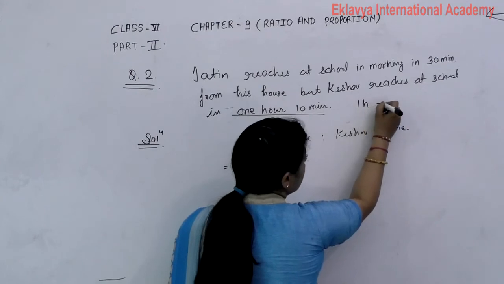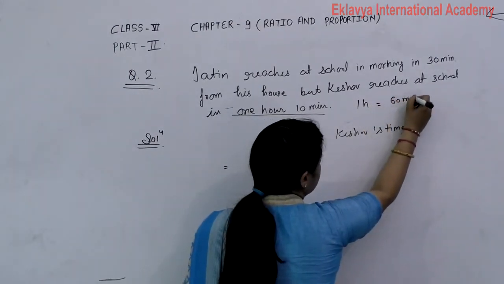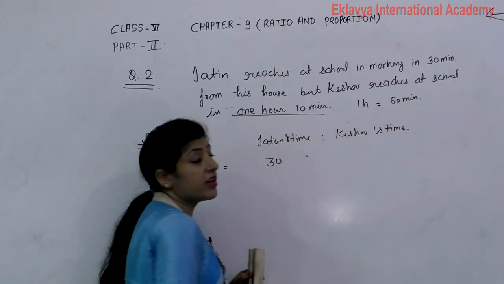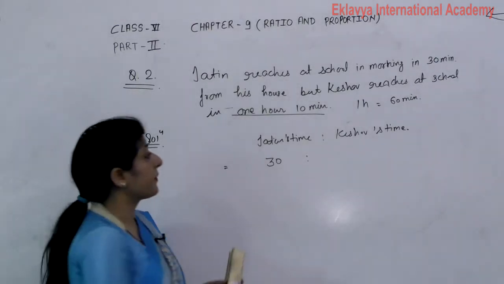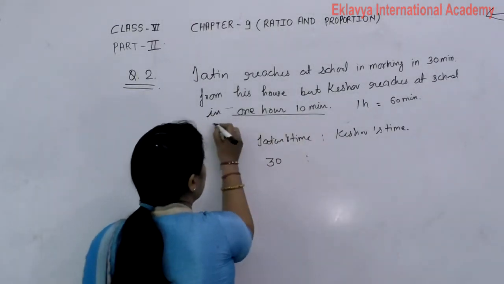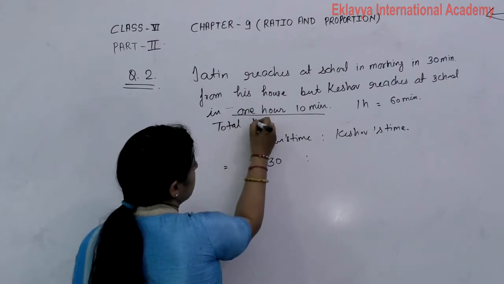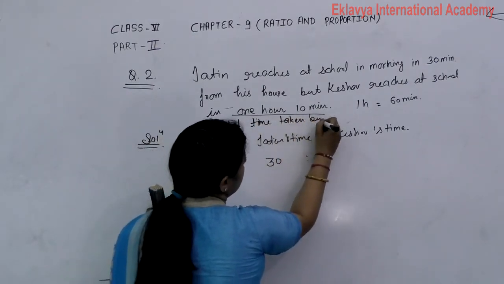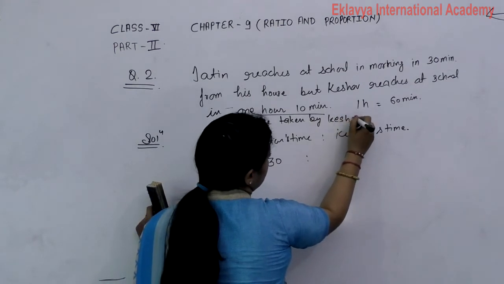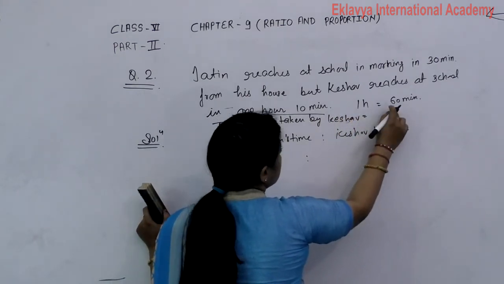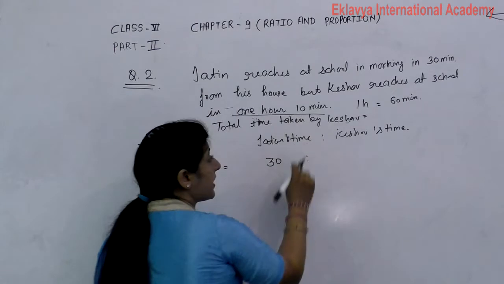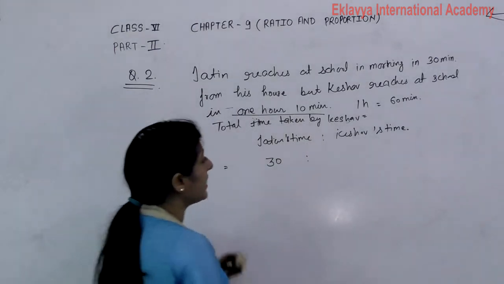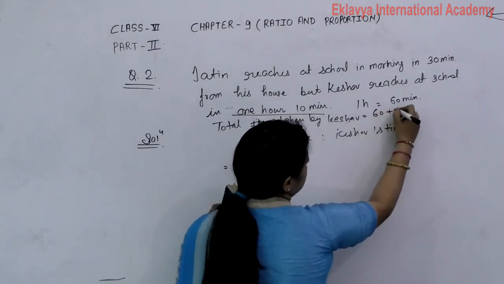You know that in 1 hour there are 60 minutes. Then the total time taken by Keshav is 60 plus 10, that is 70 minutes.